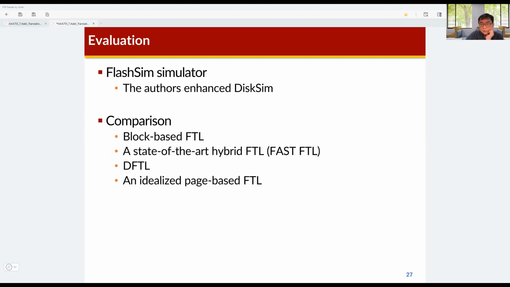So also the authors of this paper compared the performance of Dftl with other FTL algorithms like block-based FTL, FAST FTL, and ideal page level FTL. This means that all page translation entries are managed inside of the DRAM.